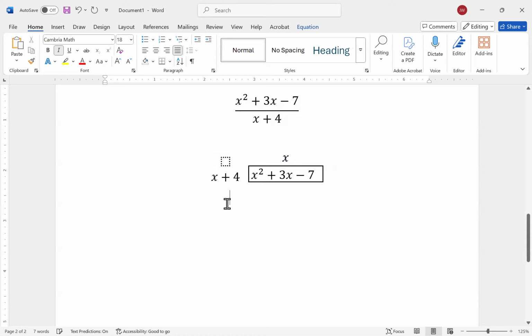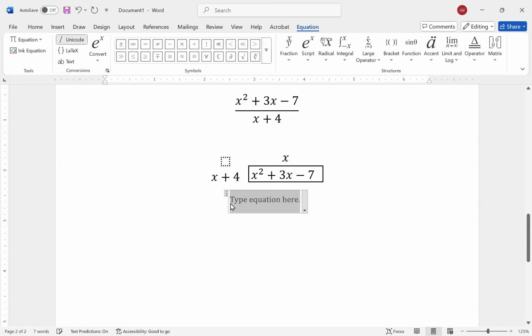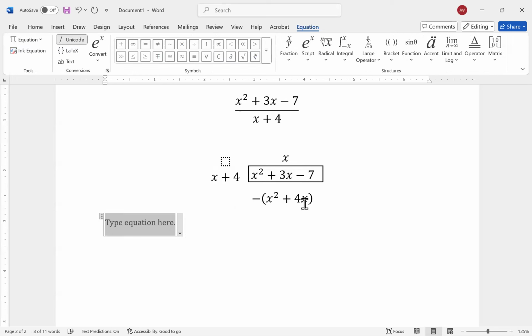So then I multiply that times x plus 4, and I end up getting an x squared plus 4x. Now I subtract that from this polynomial, and that is going to give me a new polynomial.